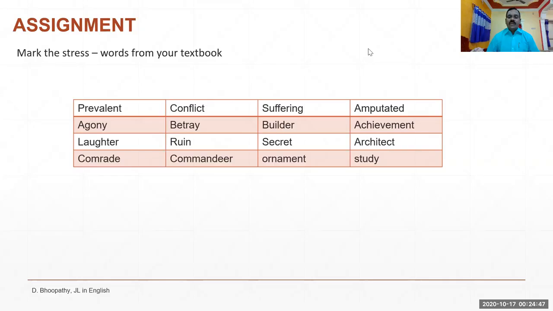If you have a pen and notebook, you can write down words from your textbook. These 16 words are taken from your textbook only: prevalent, agony, laughter, comrade, conflict, betray, ruin, commandeer, suffering, builder, secret, ornament, amputated, achievement, architect, study.